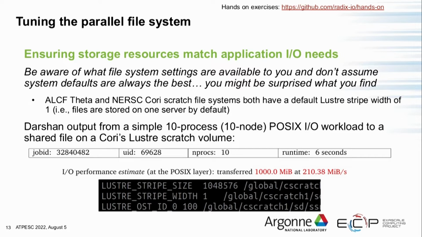You can see here that in this default configuration, it takes 6 seconds and got 210 megabytes per second performance. At the very bottom, you can see a snippet of the Lustre stripe settings we captured with Darshan. The stripe size is 1 megabyte and the stripe width is 1. That confirms that the default here is a stripe width of 1, so just one storage server. In this case, it's storage server number 100.